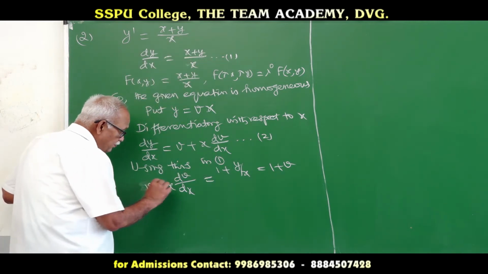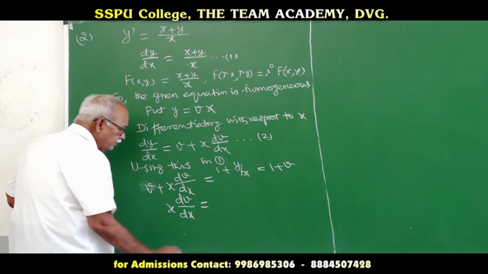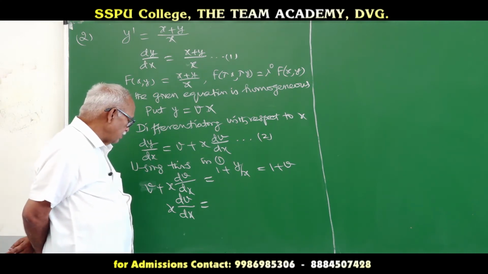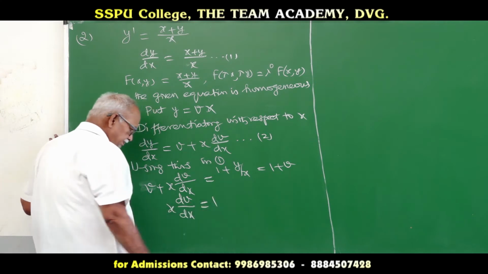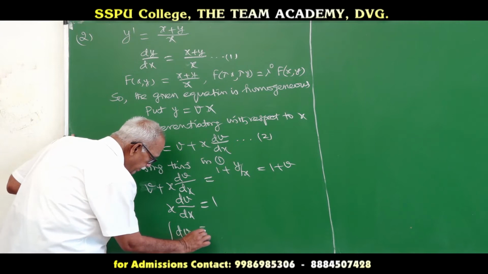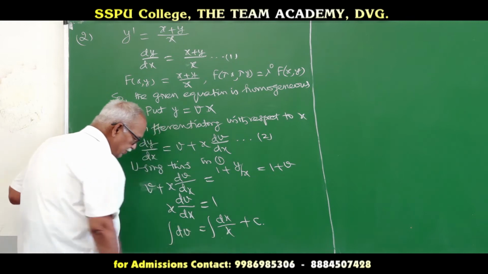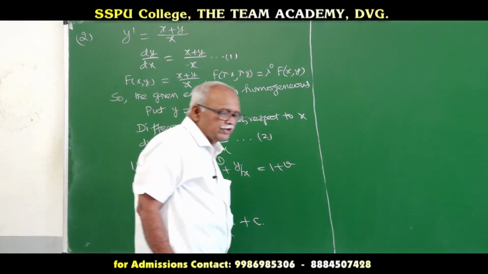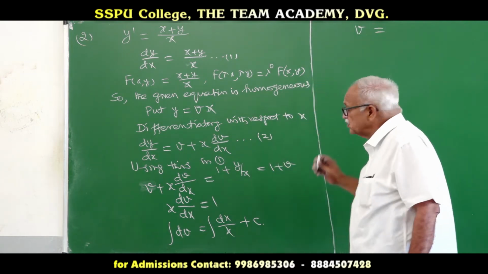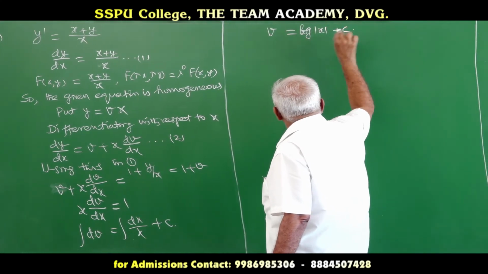Now v cancels and x dv by dx is equal to we get 1. So separating the variables, integral dv is equal to integral dx by x plus c. Now we get the integration v is equal to log of mod x plus c.